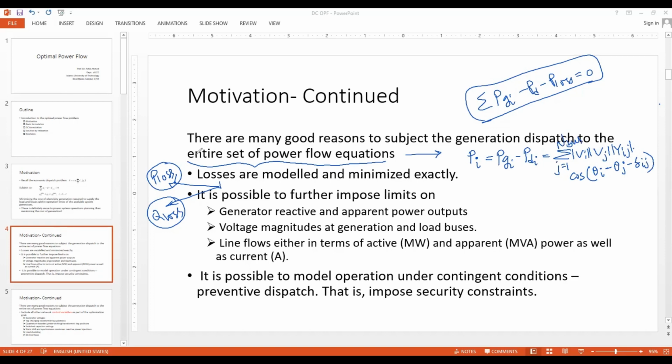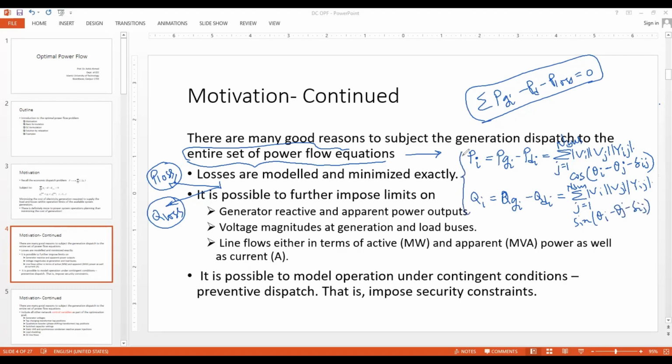And similarly, by the entire set of power flow equations over here, what we mean is this. Besides this, we also have the expression of the reactive power. So that is Qi equals Qgi minus Qdi. And then we have a similar kind of expression, but instead of cosine, we end up with some sine expression. So the sine entry will come here. All the other things will remain as it is.